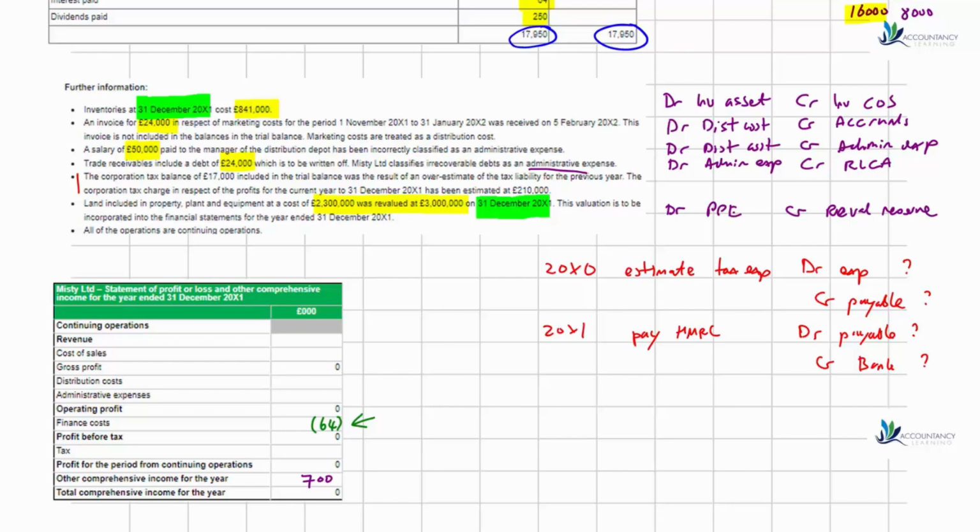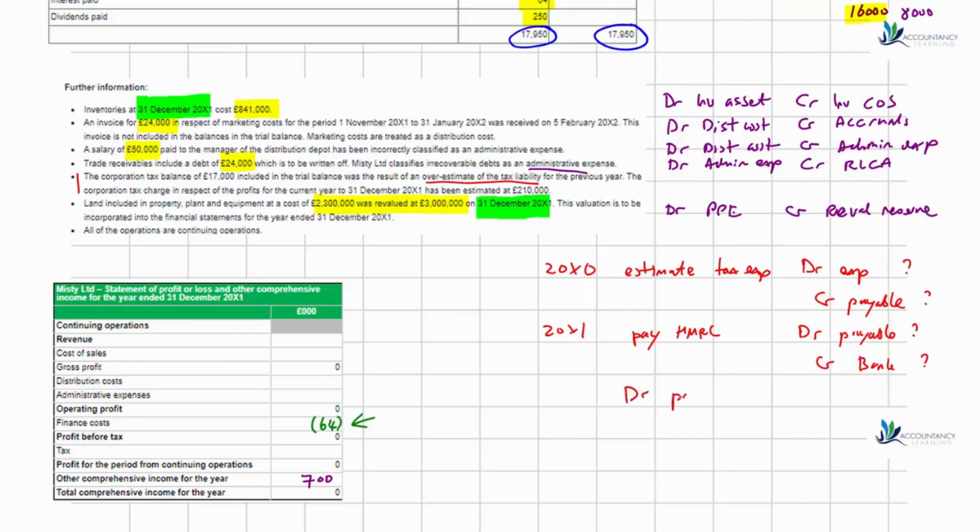But because we had overestimated the tax liability last year, there would still be some carried forward balance on the payable. So what we need to do now is recognise, well, there is no payable anymore. We have fully paid what we need to HMRC. So we would now remove the payable.